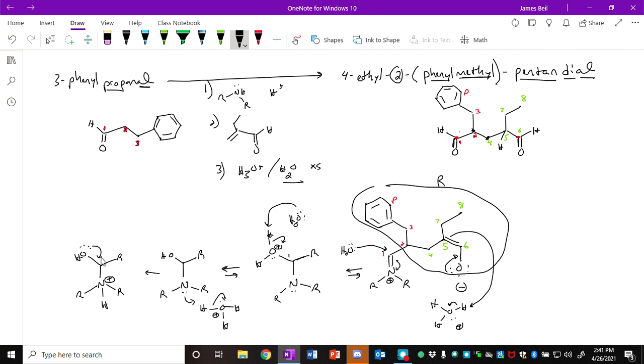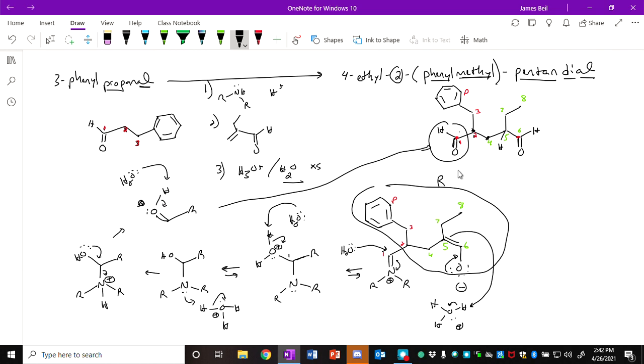A lone pair here can swing in and push that out. And then a water can pick off this proton and form that group into the CO double bond there without the proton on the oxygen.